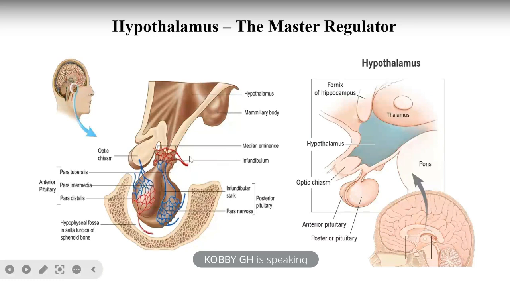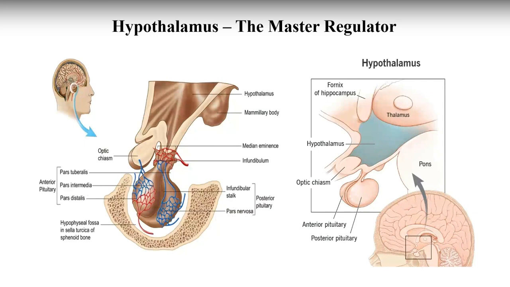Another area they usually examine students on is that they can ask you a question: all of the following are parts of the anterior pituitary, except: pars tuberalis, pars intermedia, pars distalis, then D, pars nervosa. What will be your answer? Pars nervosa.